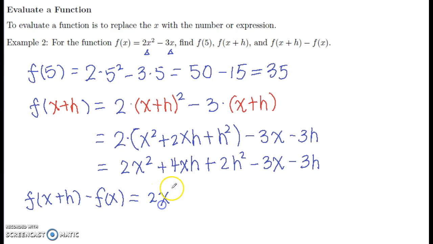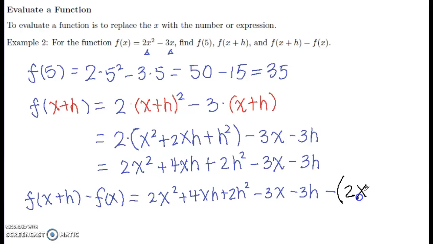So 2x squared plus 4xh plus 2h squared minus 3x minus 3h, and we subtract the entire expression, 2x squared minus 3x.